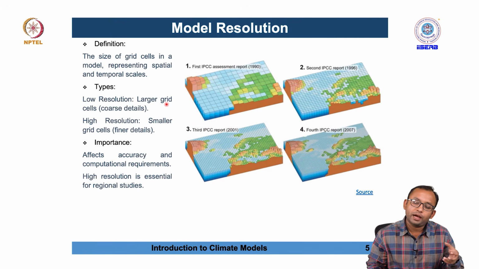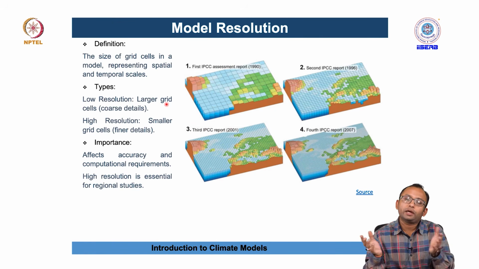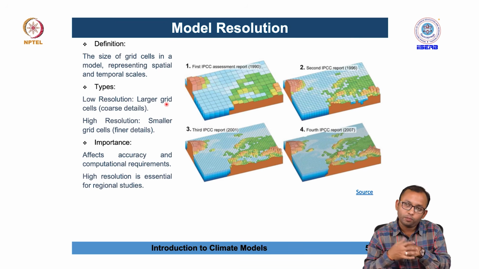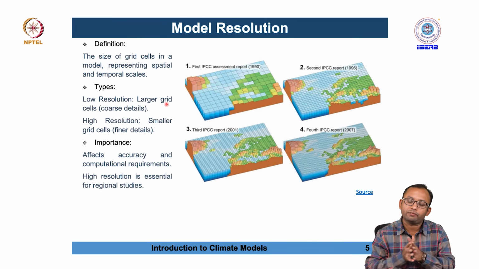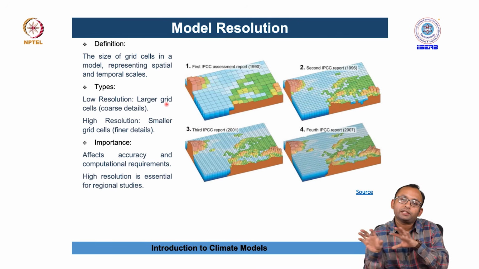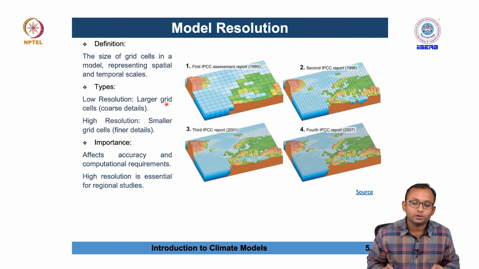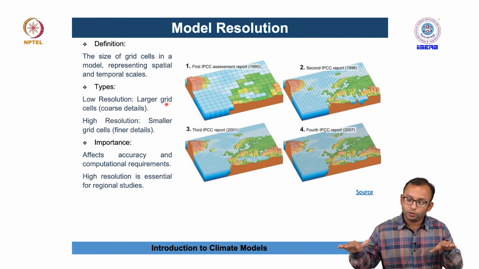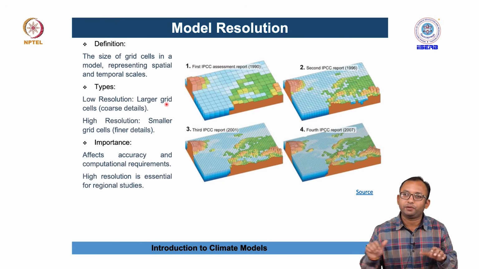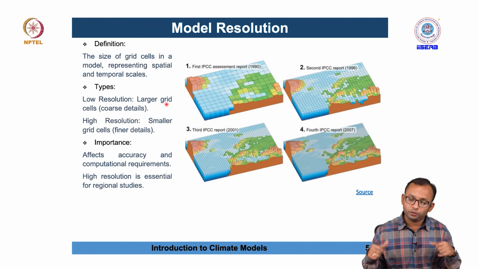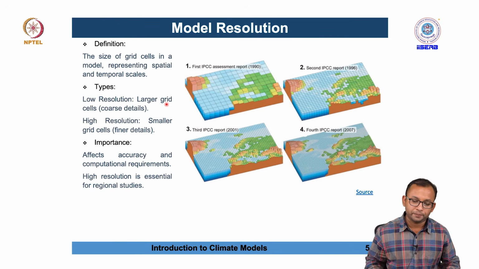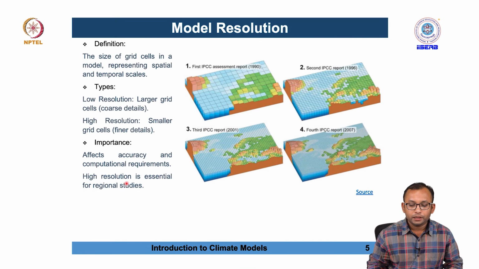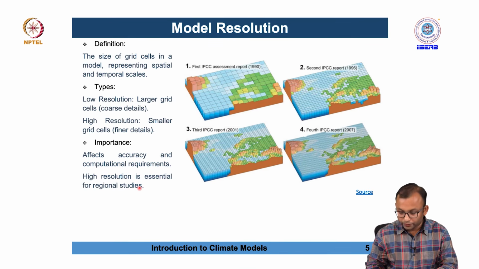But if you have coarser resolution data, then you can run the simulation for the entire globe or a very large area of earth without compromising your computational efficiency. So resolution and computational efficiency are two important points where we have to keep a balance in order to get more precise results. This is what we have already discussed.